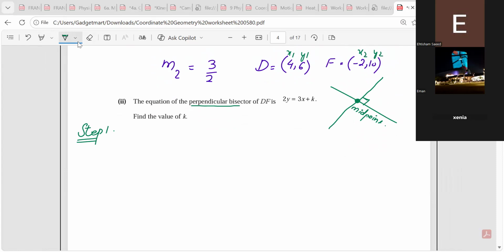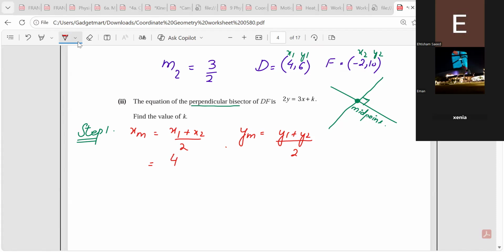So let's solve it. So हमारे पास xm is equal to x1 plus x2 divided by 2 and ym is equal to y1 plus y2 divided by 2.